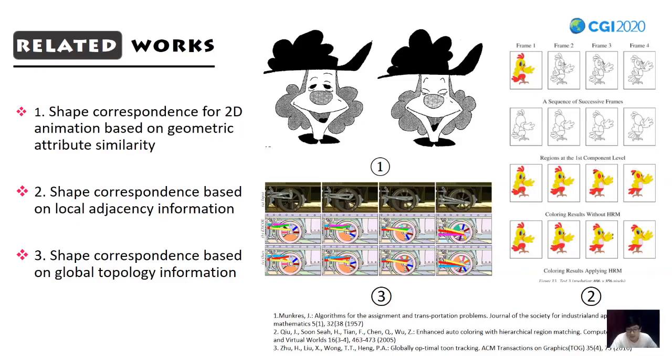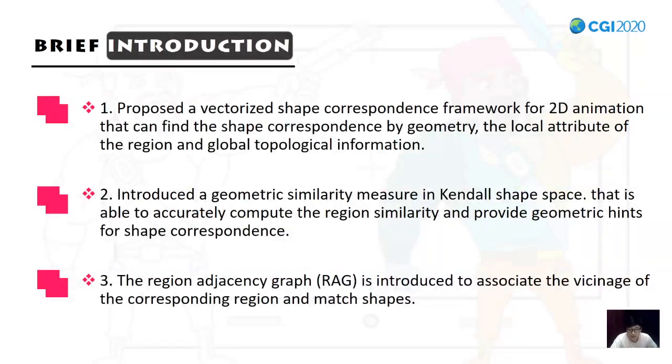Or they rely too much on local topology and parameters. In addition, they may fail when the topology is changed strongly, and the user also needs to input more keyframes for correspondence. So to address these problems, we introduced a 2D vectorized shape correspondence method based on Kendall shape space and the region adjacency graph.